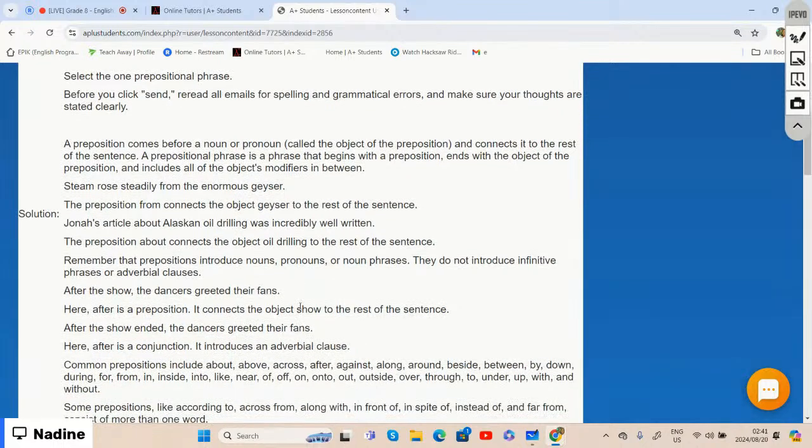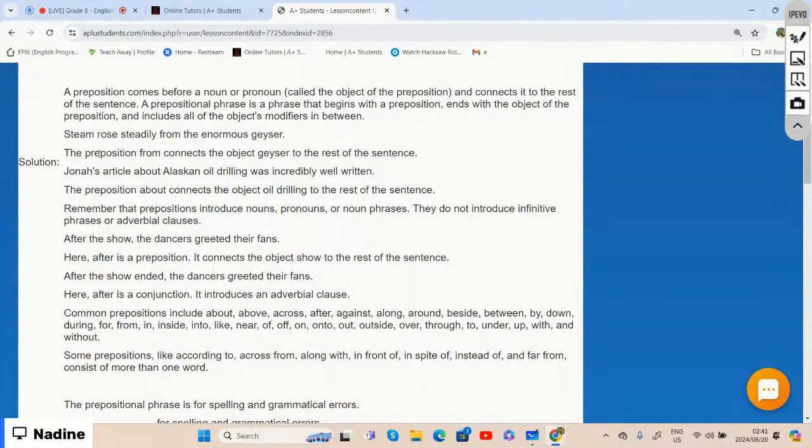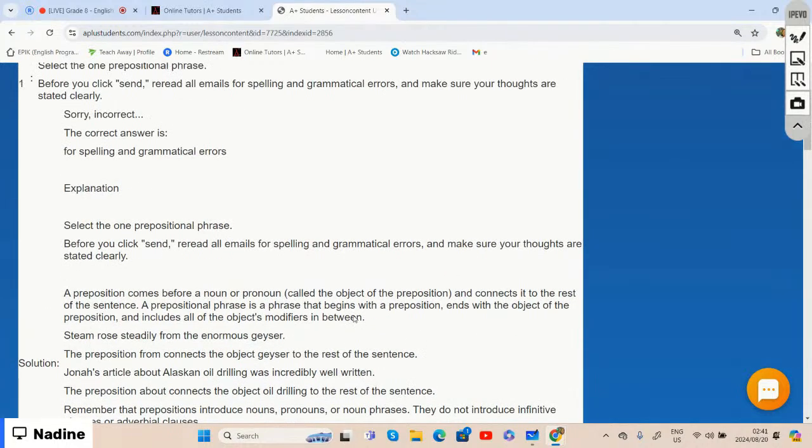All right. The next one says Jonah's article about Alaskan oil drilling was incredibly well written. And if we look at that sentence, the preposition about connects the object oil drilling to the rest of the sentence.